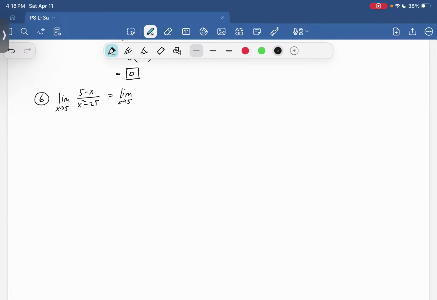And so I'm going to factor the denominator, which is a difference of squares. And the numerator, this numerator here, is just negative x minus 5. I can write that out more explicitly.